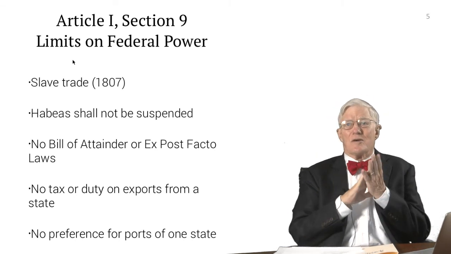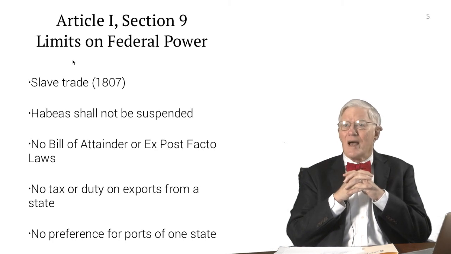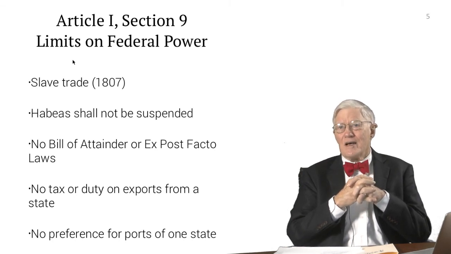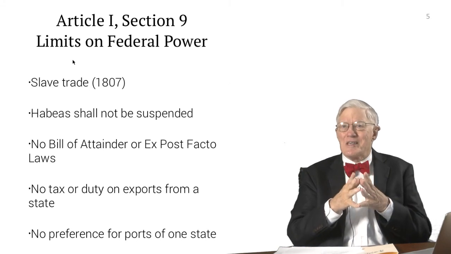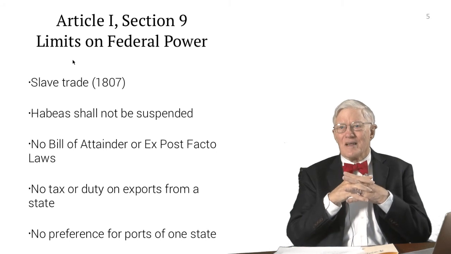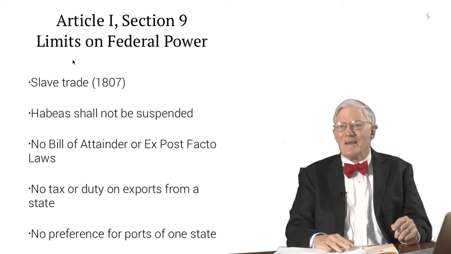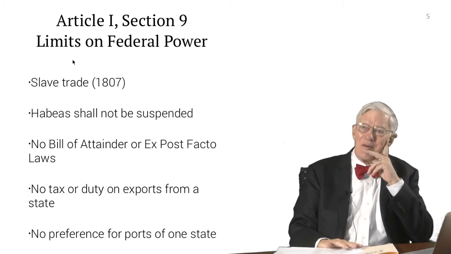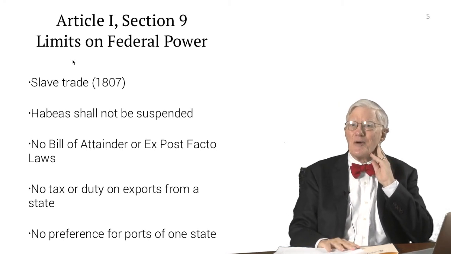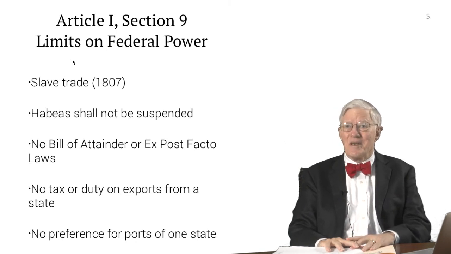Now the limits on federal power. First of all, the limit on abolition of the slave trade. In the Constitution, as originally adopted, we don't talk about slavery, but we talk about that in a backhanded way. We talk about the slave trade, and we say that it can be abolished no earlier than 1807. And in fact, that's when slave trade was abolished.